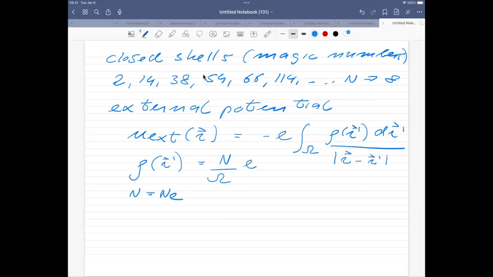So that's what we call the charge density. So that means that this external potential is now simply given by minus the number of particles divided by this volume times e squared, and then we have an integral over the volume of dr divided by |r minus r'|.